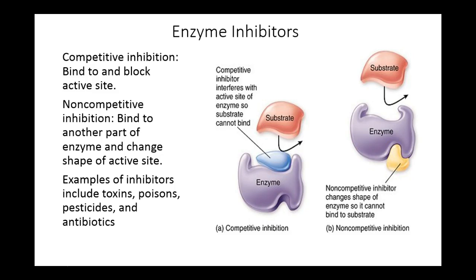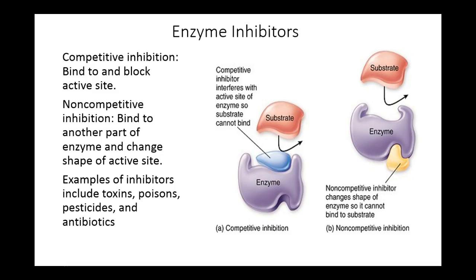So this enzyme is not doing its job. That can be reversible, or it can be a covalent bond. If that covalent bond is the case, then this enzyme is not going to work any longer. It can also be non-competitive, and with non-competitive inhibitors, they bind to another site on the enzyme.